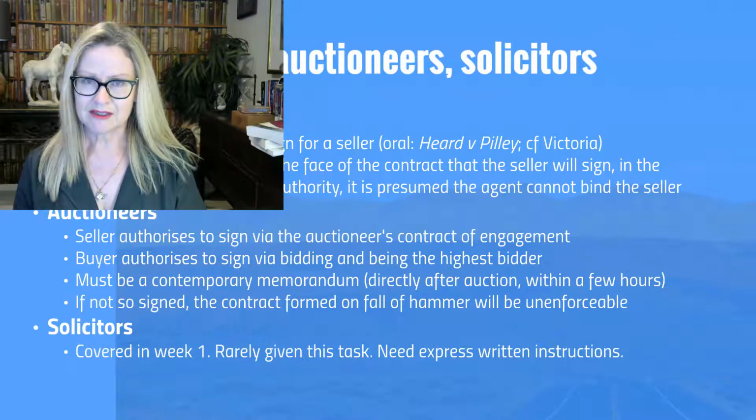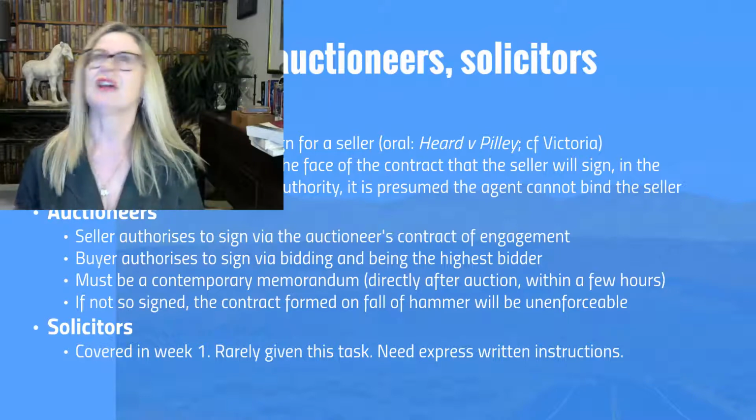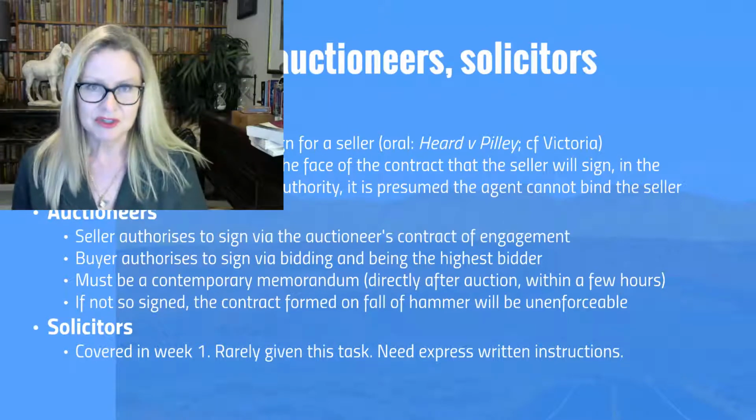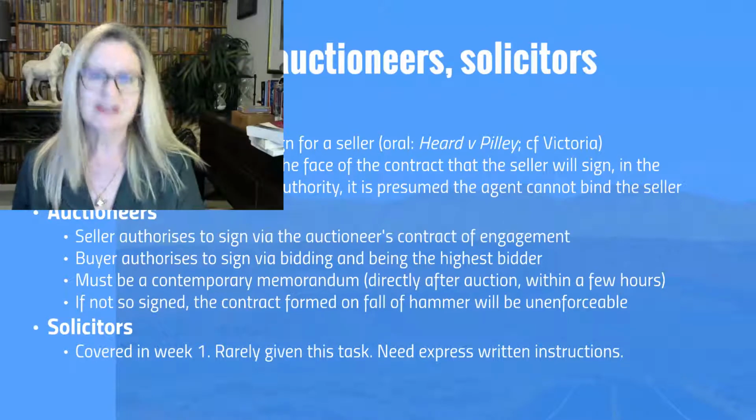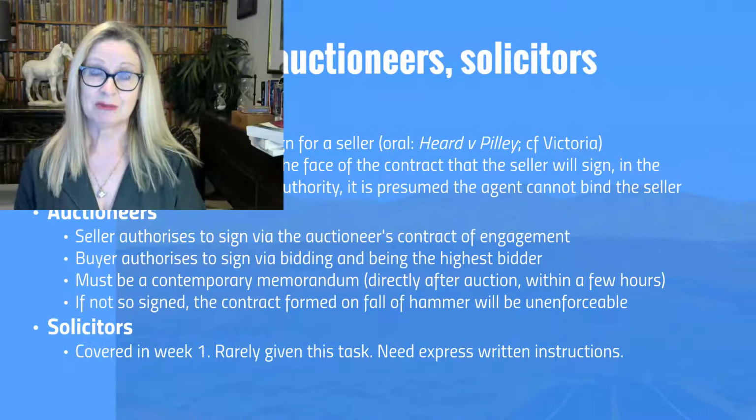Note of caution, as the text points out, this has to be done contemporaneously, so it's no good if the buyer is recalcitrant. The auctioneer can't just delay and hope that they'll convince them to sign in a week or 2 weeks. It's all got to be done within a few hours of the auction actually happening, within a few hours of the hammer falling down.